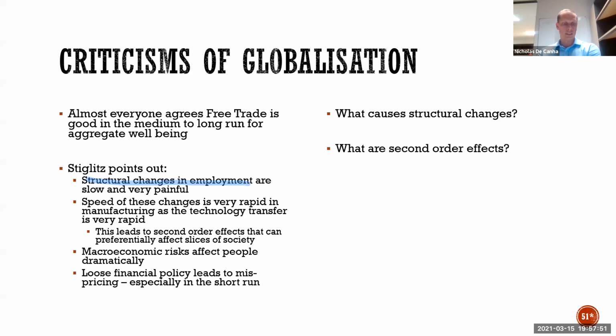Okay, then he talks about these second order effects. So what are these second order effects? Any examples? Unemployment. Sure, unemployment.